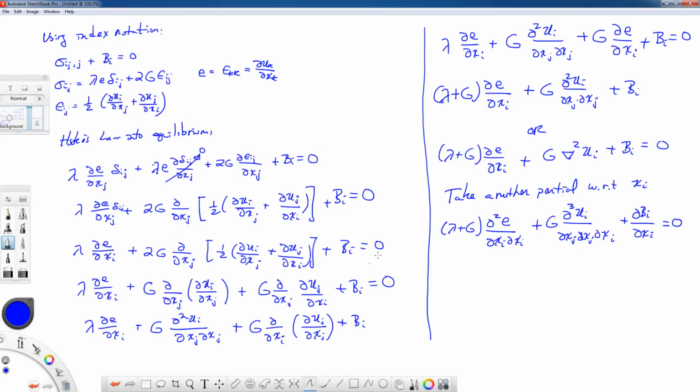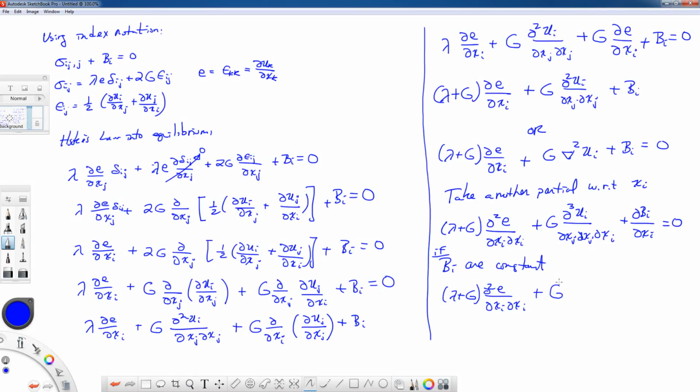Now, if the body force terms are constant, then we can have this term equal to 0. And what we have then is lambda plus g, second partial of the trace with respect to xi and xi, plus g. Now we have the third partial of ui with respect to xj and xj and xi.